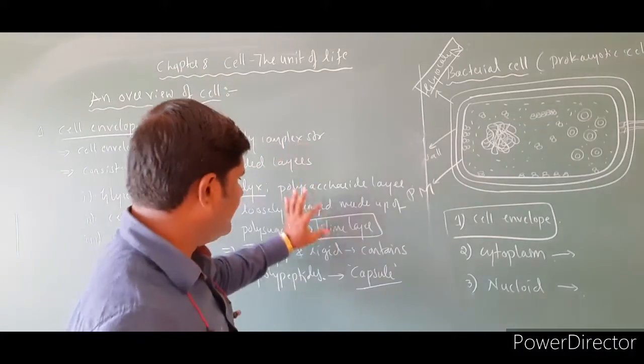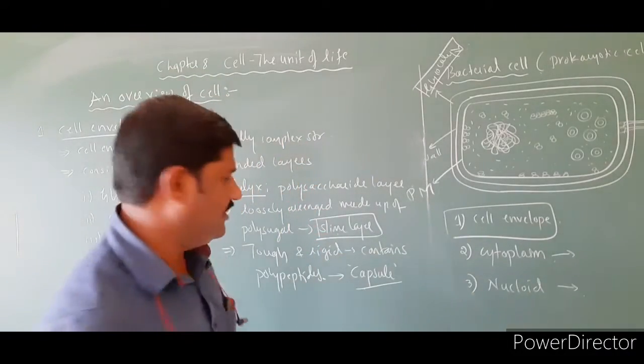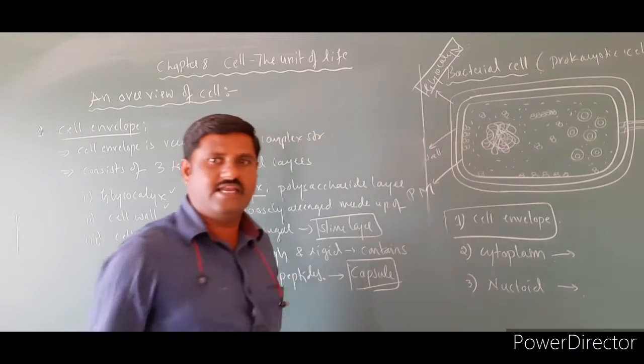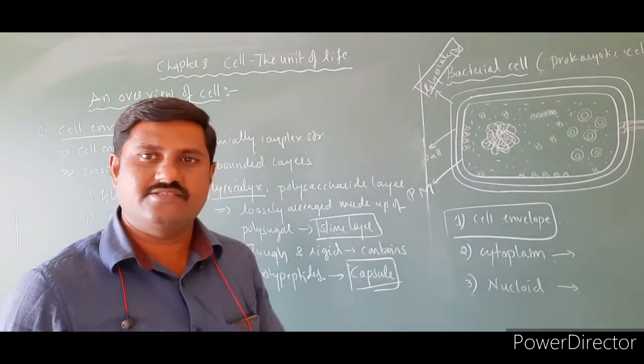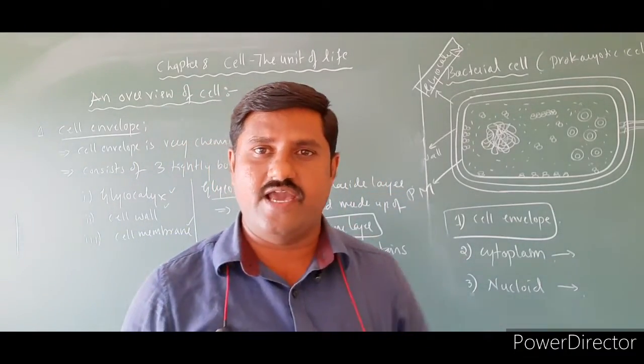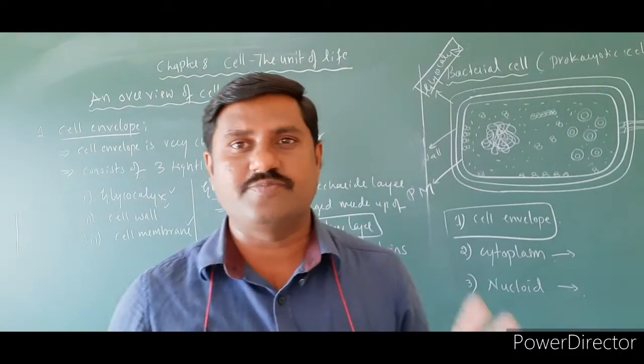So what is the slime layer, and what is the capsule? And if a capsule is there in a bacterial cell, then that kind of bacteria is called capsulated bacteria. If it is not there, they are non-capsulated bacteria.